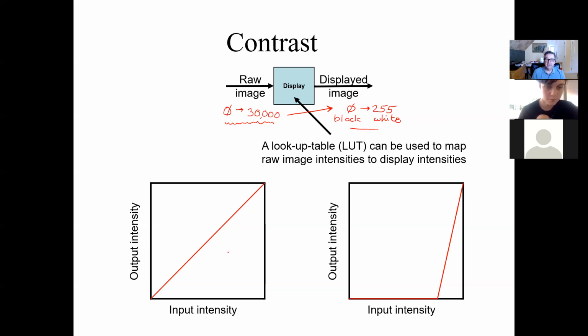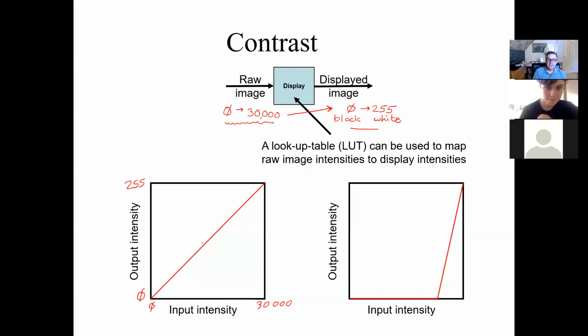And so a way of expressing that is through a lookup table, which we might plot as a mapping function, right? Basically, my input intensities would go from 0 in that example to 30,000, but my output has to go from 0 to 255.